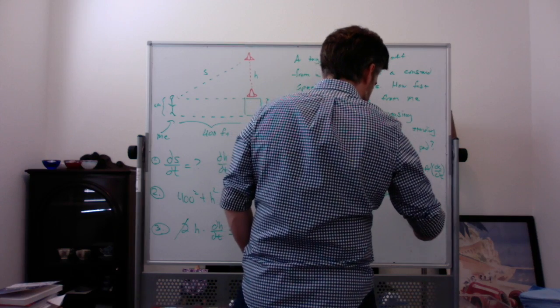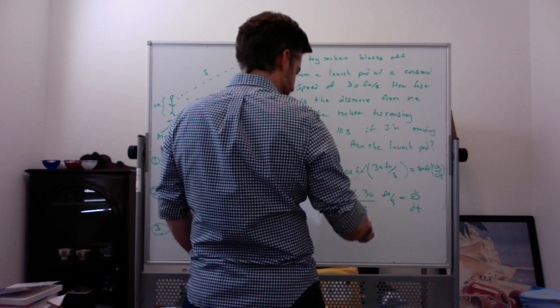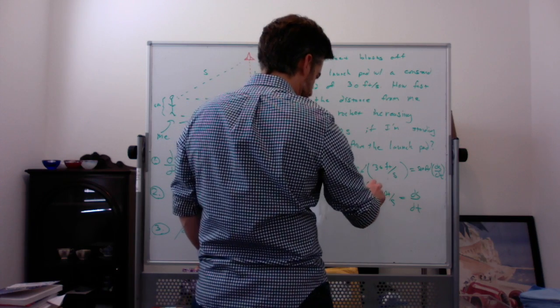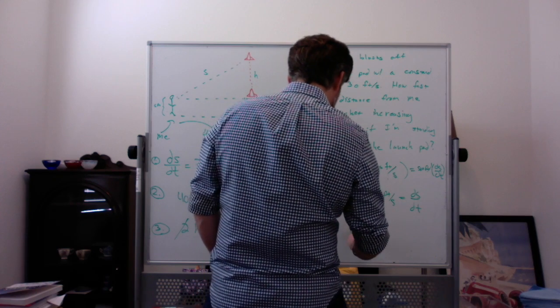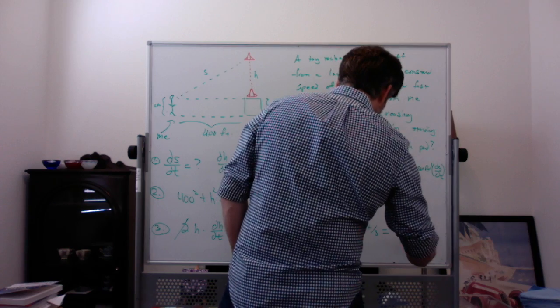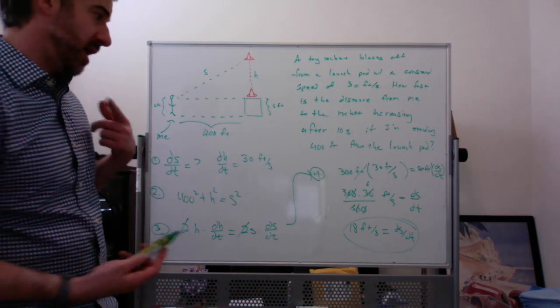Canceling zeros, 3 times 30 is 90, divided by 5, and 30 divided by 5 is 6, 3 times 6 is 18 feet per second is ds dt. So that's how fast the rocket is moving away from me at that moment: 18 feet per second.